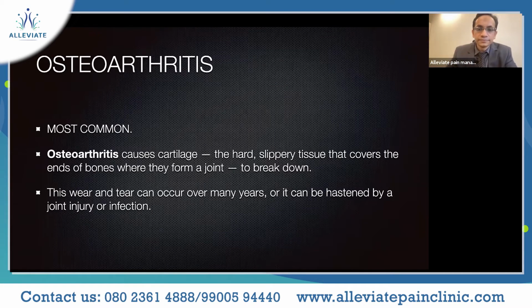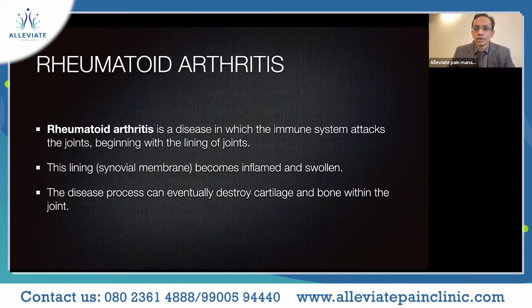Moving ahead, something called rheumatoid arthritis, RA for short. A lot of the general population would have heard of this term. Yes, it does put a stigma in the mind, but we need to understand what happens in this particular disease. Rheumatoid arthritis is a kind of immune disease.